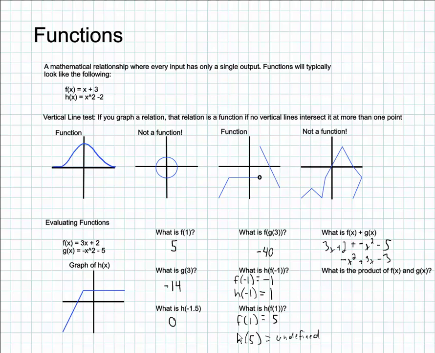What about the following? What is the product of f of x and g of x? Well, this looks like we just take 3x plus 2, and then we multiply that by negative x squared minus 5. And now we can do the FOIL operation. So 3x times negative x squared is negative 3x cubed. Then we'll take the outer terms.